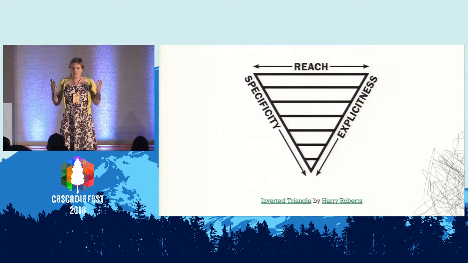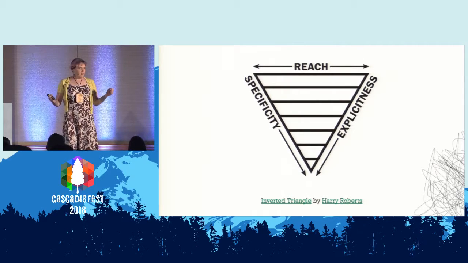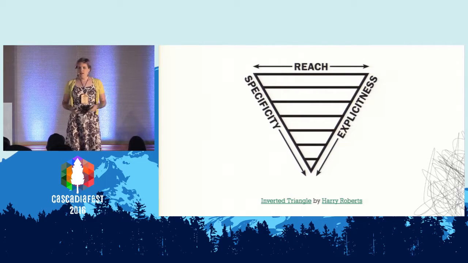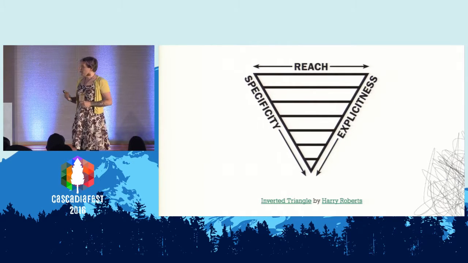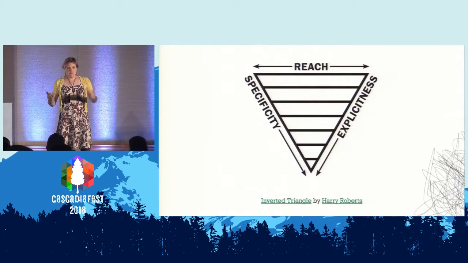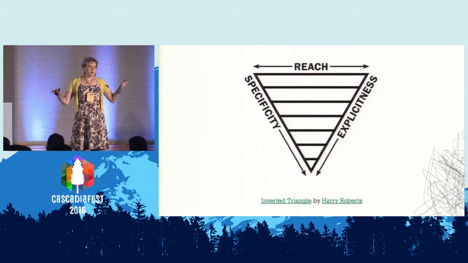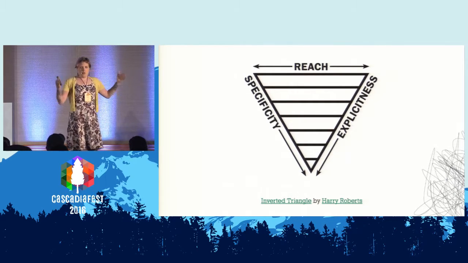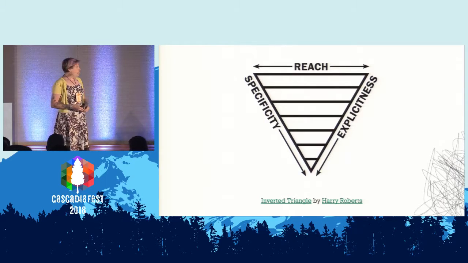So we want to keep the specificity low and the explicitness low. And they are in that case. If you're just targeting an A tag, that has a low numeric specificity and it's not very explicit to what it's targeting and it has a broad reach. And then you want to work your way down through that funnel, through that triangle, but staying in the shallow end as much as possible.